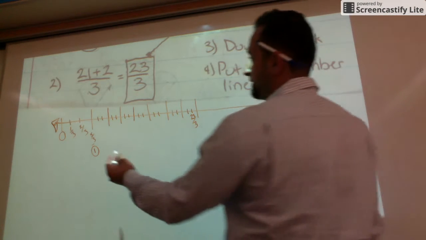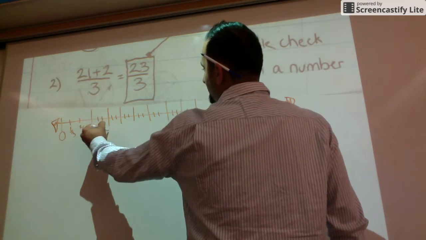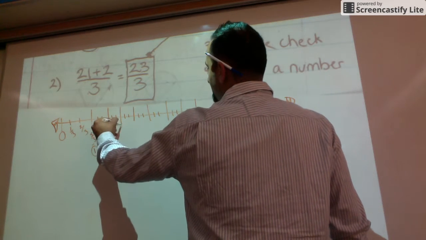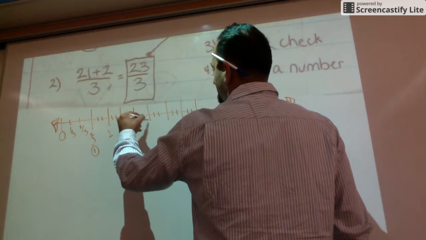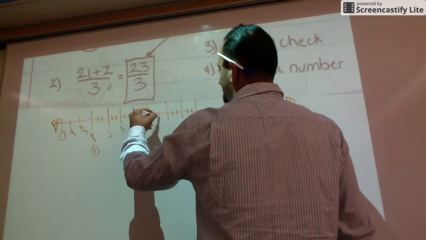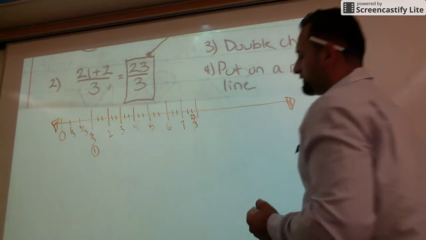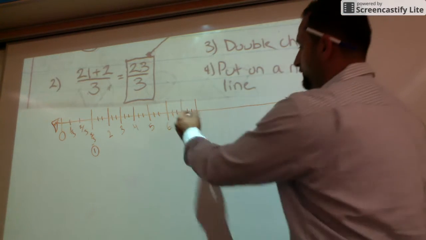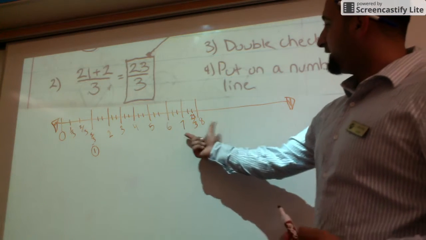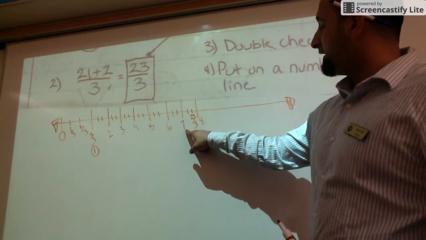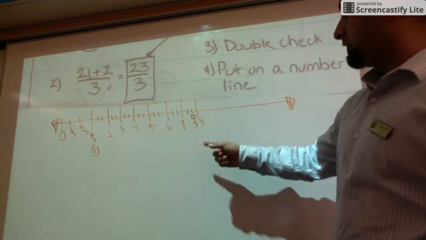So 1, 2, 3 is 1, 1, 2, 3 is 2, 1, 2, 3 is 3, 1, 2, 3 is 4, 1, 2, 3 is 5, 1, 2, 3 is 6, 1, 2, 3 is 7, and 1, 2, 3 is 8. I found out that 23 over 3 is between 7 and 8. Okay?